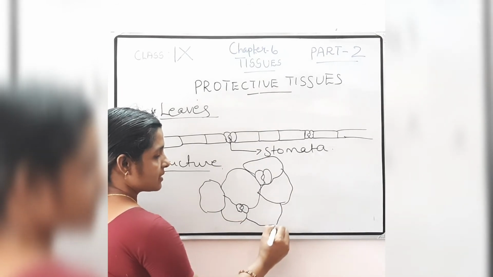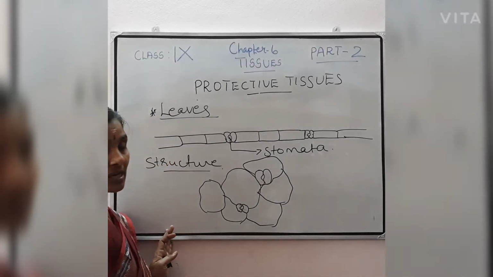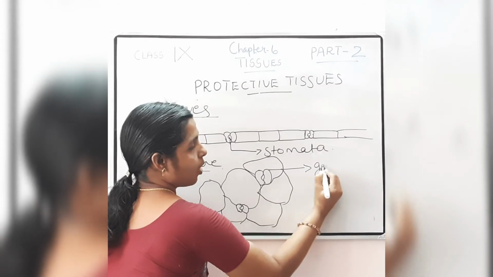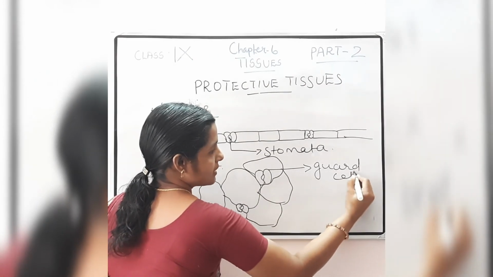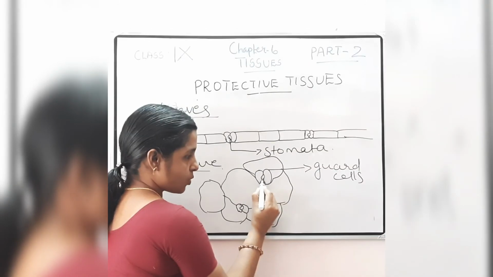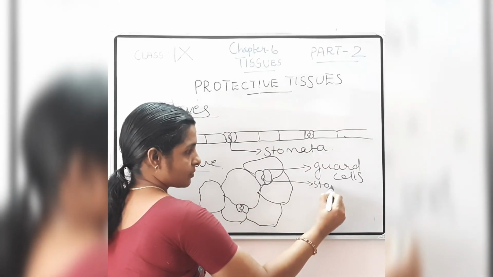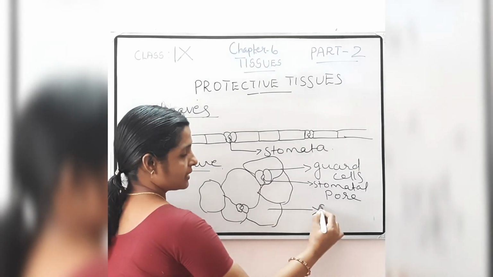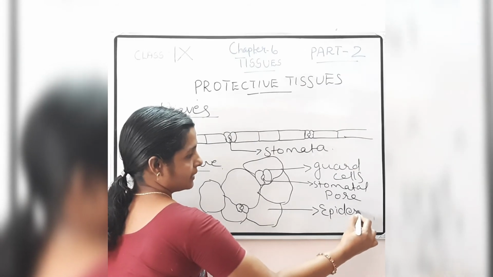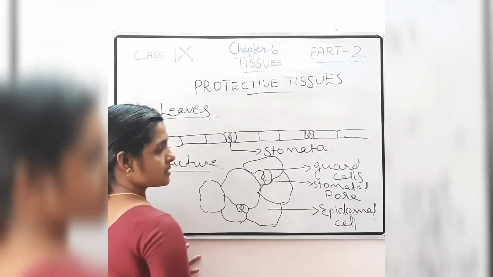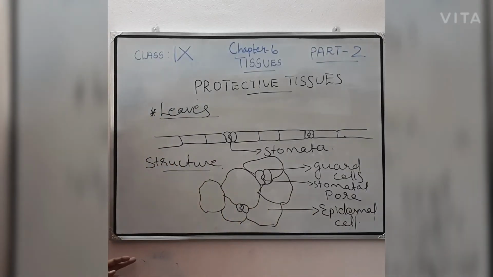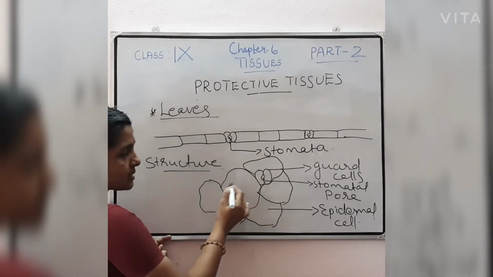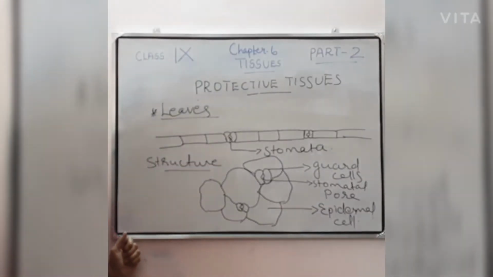This stomatal opening is protected by guard cells. This opening is the stomatal pore, and these are epidermal cells. That is the structure of the stomata. Stomata consists of two kidney-shaped guard cells, then a stomatal opening, and surrounding this, numerous epidermal cells are also present.